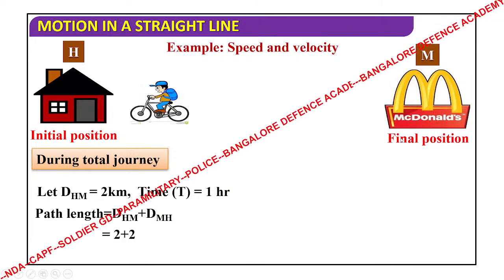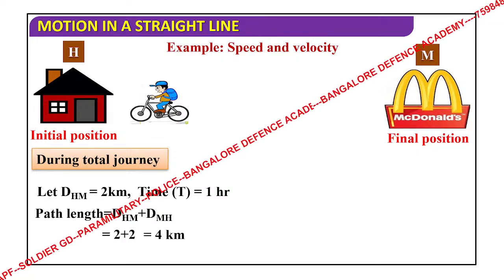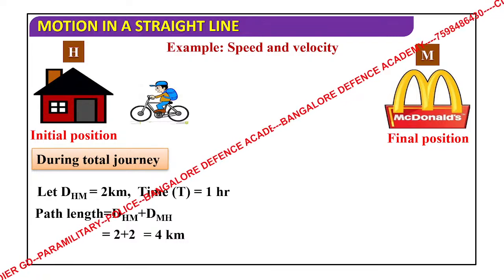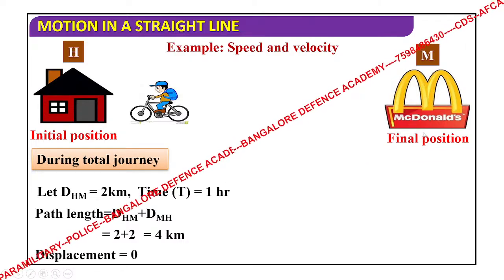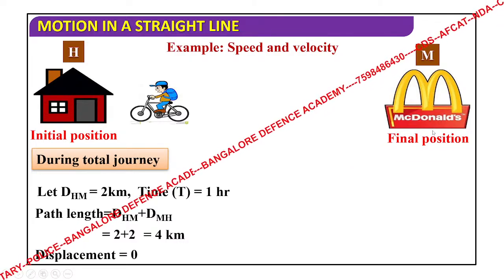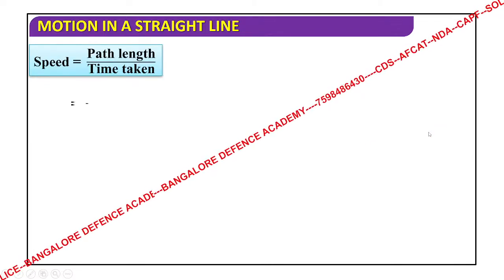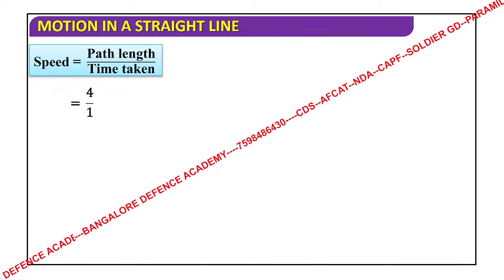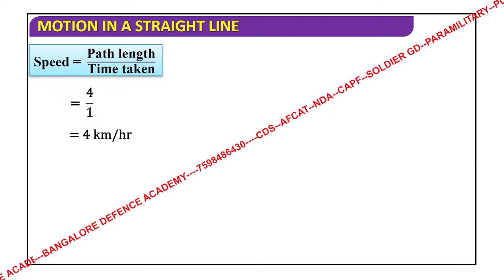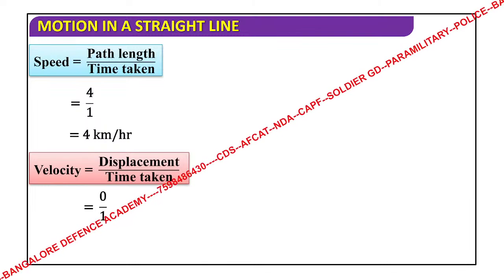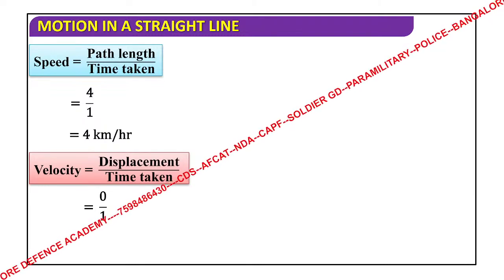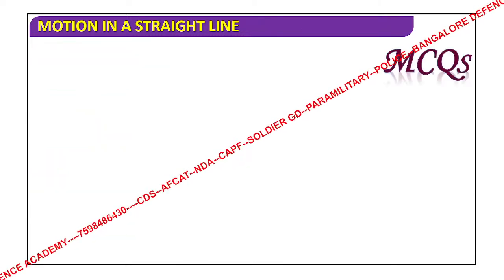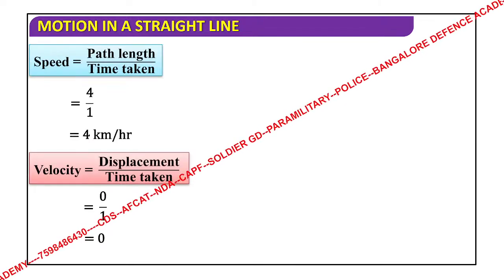It is total 4, because he is going to travel back from McDonald's to his home. So distance traveled is, the path length is, you can say, 4, and the displacement is 0. Now if you use this in formula, speed, you have written the formula path length by time taken, so 4 by 1. So 4 kilometer per hour is a speed and velocity is displacement by time taken. So 0 by 1, answer is 0. So velocity can be considered as 0.